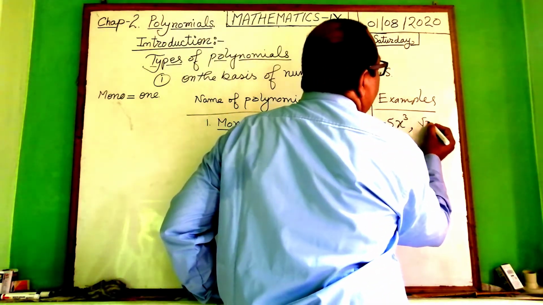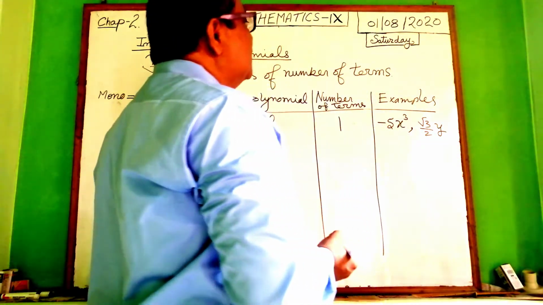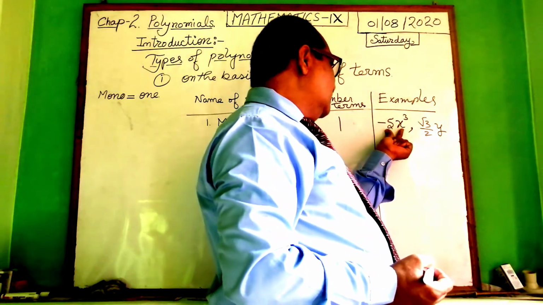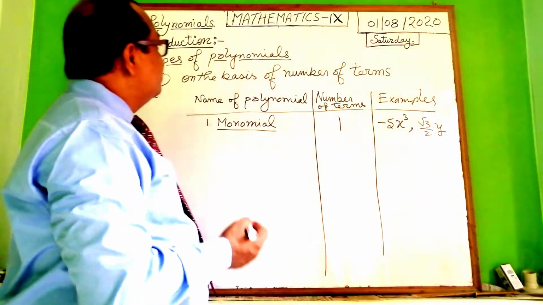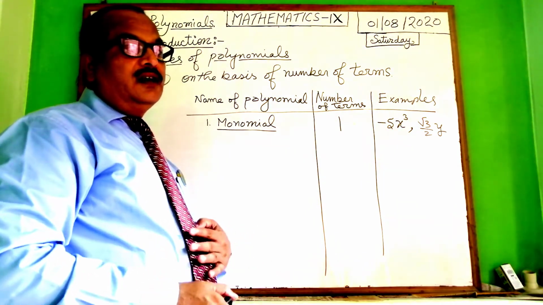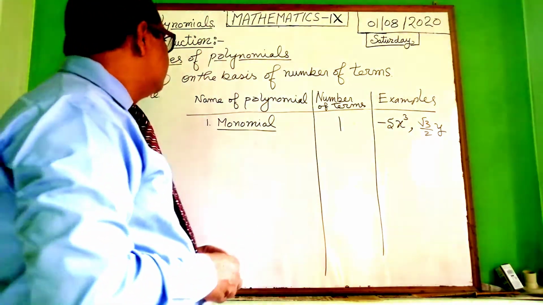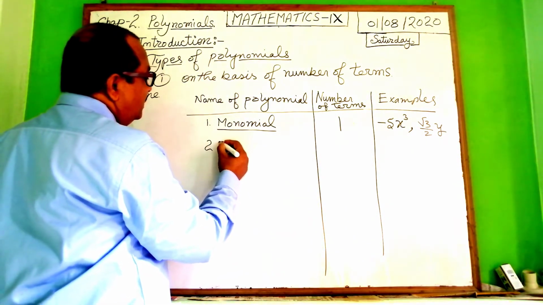Another, root 3 upon 2y. It is also a monomial. All the constant polynomials are monomials.